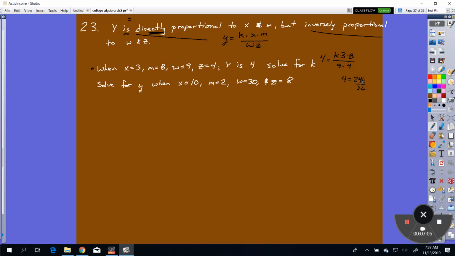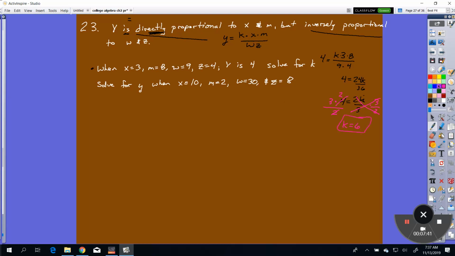I see that each of those are divisible by 12, so I'm going to reduce that. 24 divided by 12 is 2, and 36 divided by 12 is 3. So now to get k alone, I multiply by 3 halves, because those are going to cancel off. But what I do to one side, I must do to the other. And I see that 4 is divisible by 2. So 3 times 2 is 6. So k equals 6.